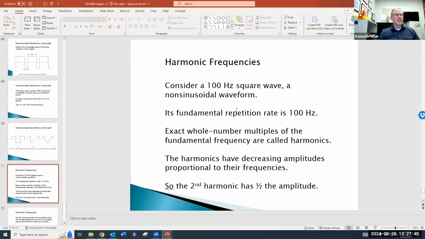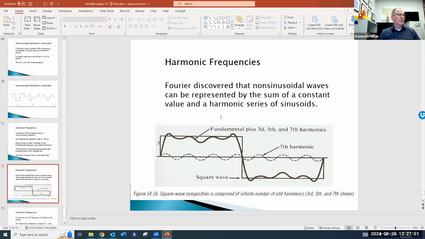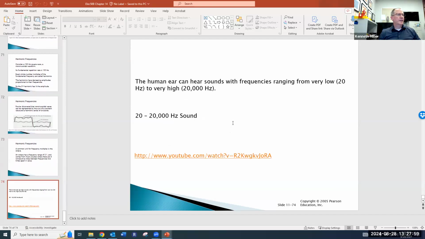And there's a discussion on here about harmonics, which will come later in the course where we'll work more with harmonics, where you can see those are signals kind of encapsulated in other signals and so forth. And that's it for chapter 14.